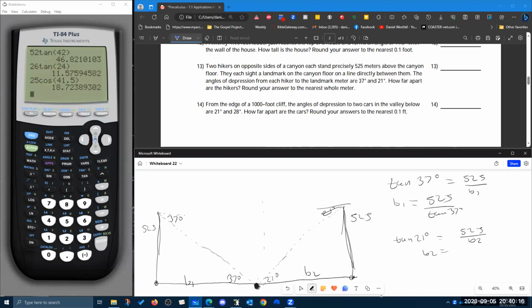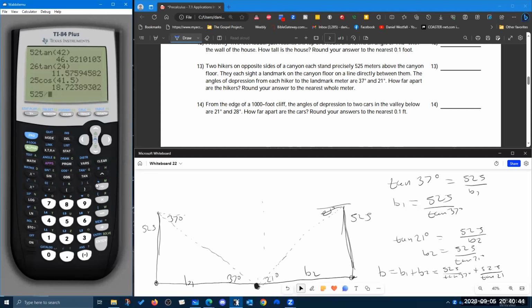So B2 is equal to 525 over tan 21. So my entire base, which is B1 plus B2, is going to be 525 over tan 37 plus 525 over tan 21. Let's see what that is.